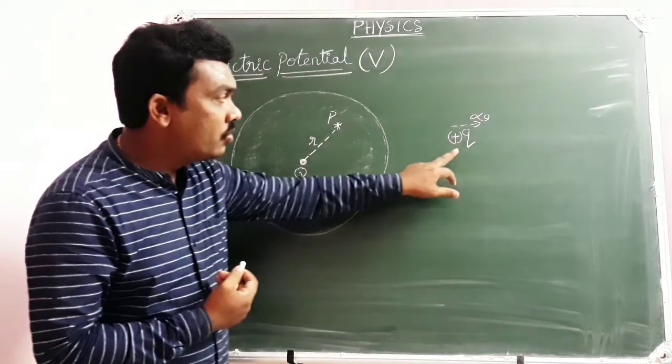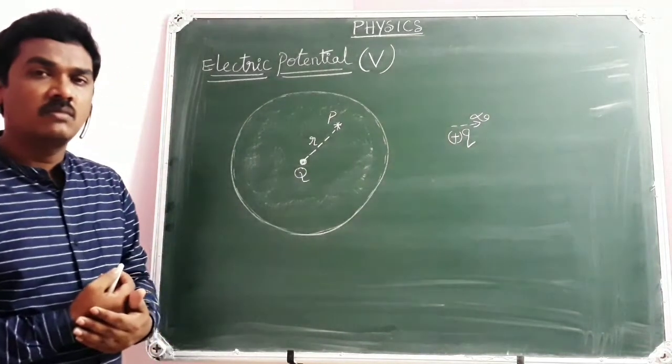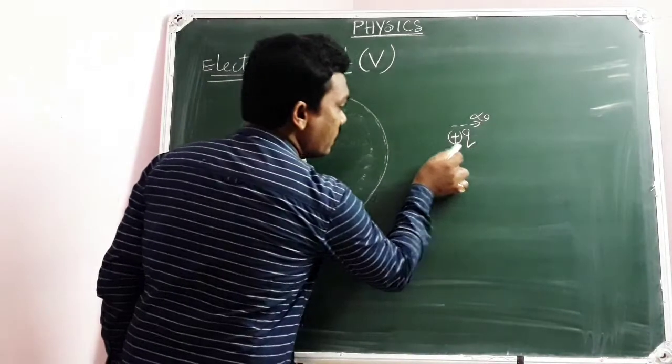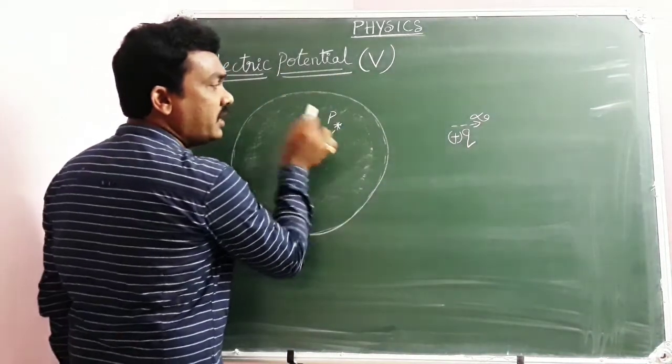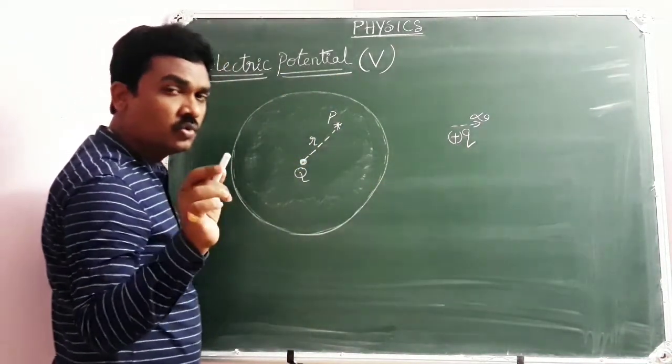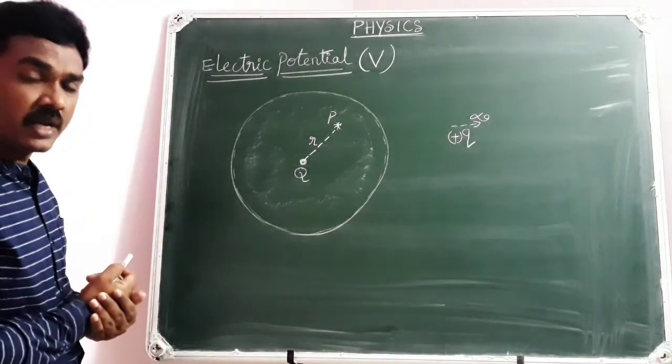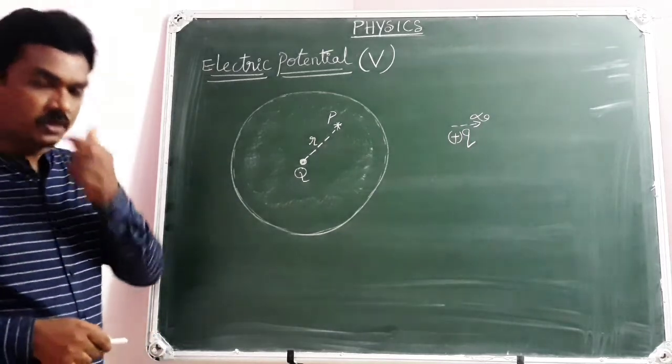But earlier your q is at infinite distance. So when you wish to bring a positive test charge q to a particular point P in the electric field, you need to do some work. We have to do some work against the electrostatic force.